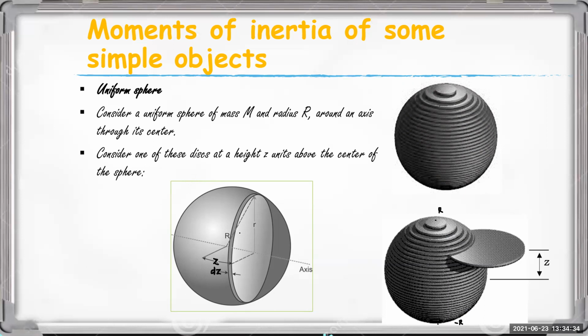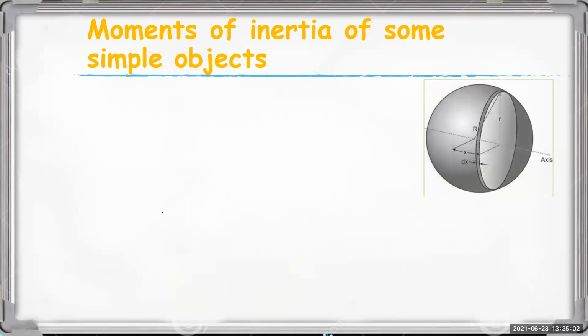Then we have to integrate over the z-axis to obtain the moment of inertia of the sphere. So here it is z and this is dz.